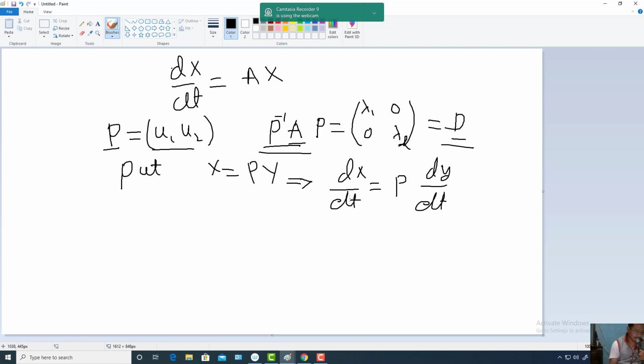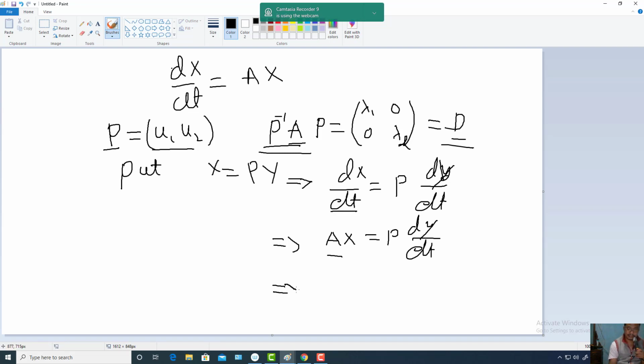Then what is dx by dt? Dx by dt satisfies the given differential equation: dx by dt is equal to ax. This is equal to p dy by dt, where this is capital Y. So this dx by dt is equal to ax.